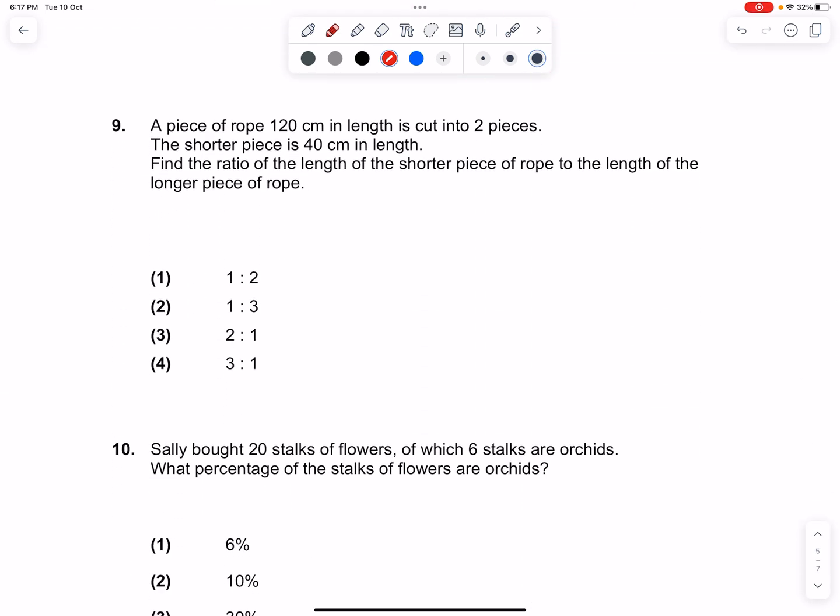Okay, a piece of rope 120 cm is cut into 2 pieces. The shorter length is 40. Find the length of the shorter piece to the length of the longer piece. So remember, I've said many times, in ratio, position actually matters.